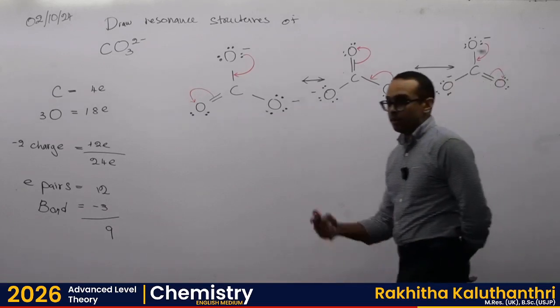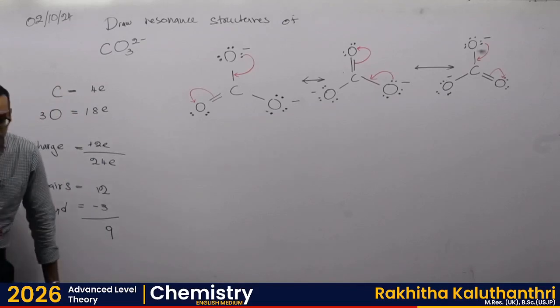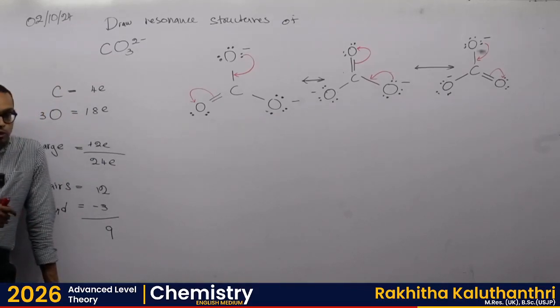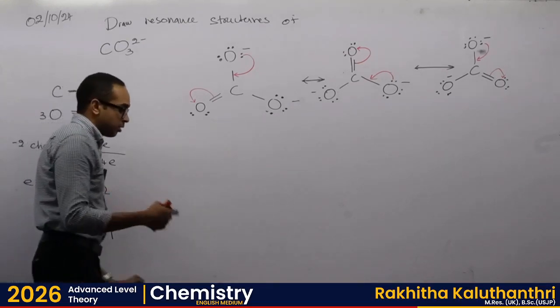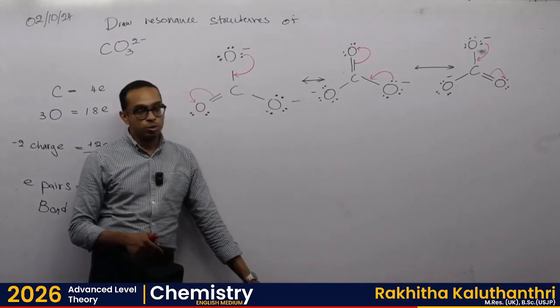Now when you are learning resonance structures, we have to show the electron transfers very clearly. In certain questions they very specifically ask for the electron transfers. But later down the line, in certain questions, they might not ask for it, but as a rule or as a practice, always show the electron transfers.